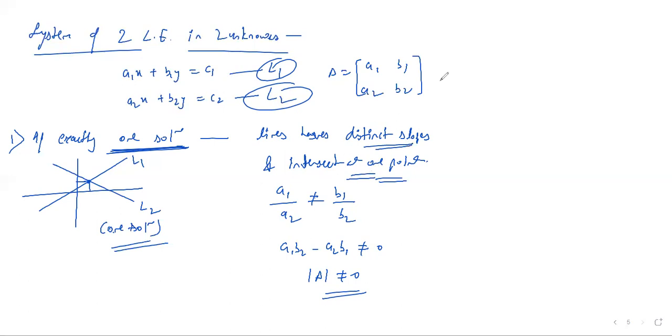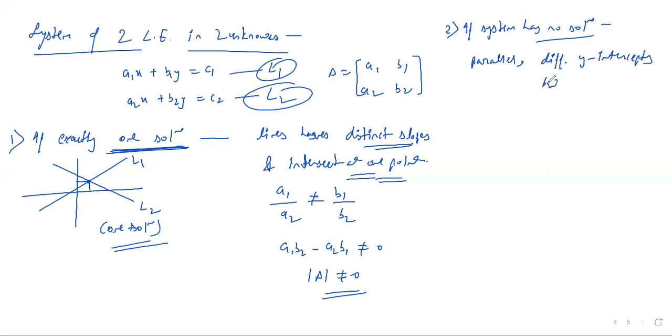Now another case can be that the system has no solution. When can the system have no solution? If the lines are parallel. If these two lines are parallel, the lines have the same slope but different y-intercepts.